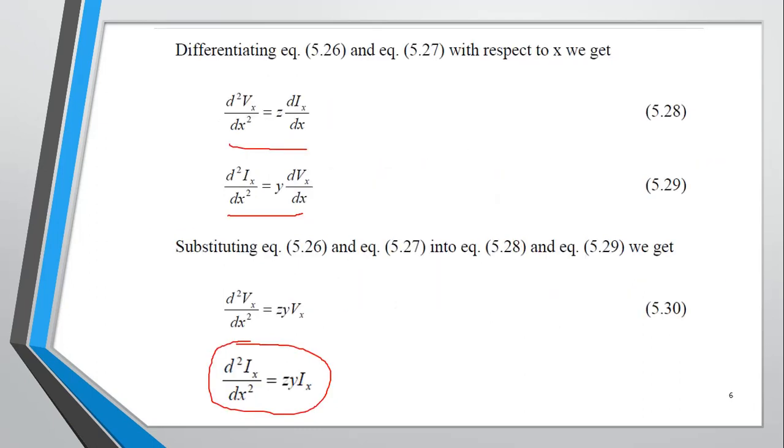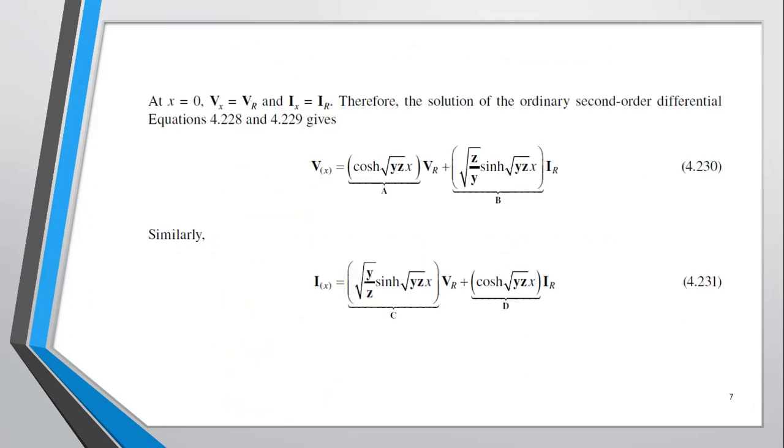Now if we want to expand these two equations, the overall expansion would be like this. Overall expansion is cosh of the square root of YZ times x times Vr, and sinh, with square root of Z over Y. This expansion is mentioned in the book.